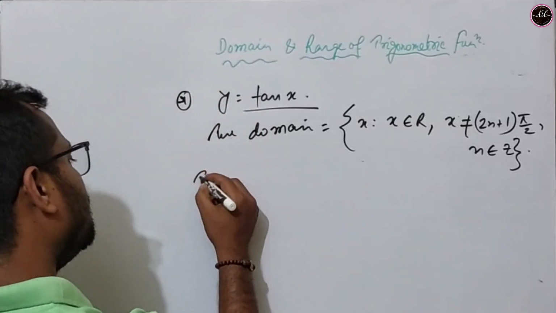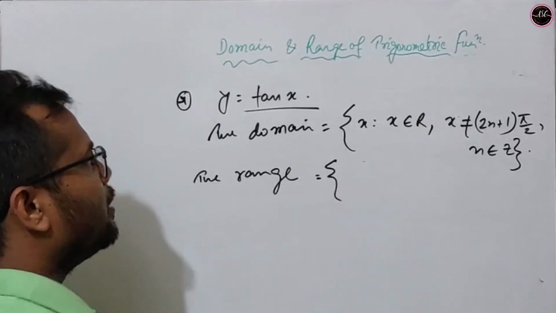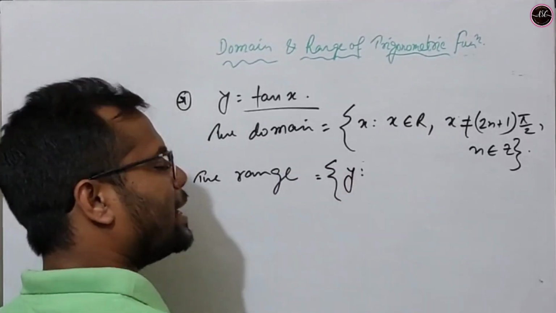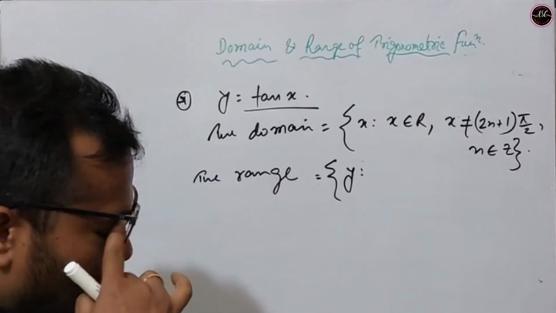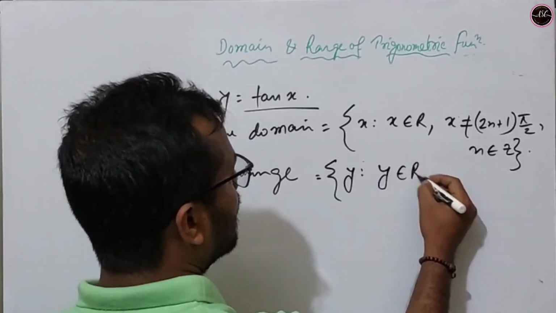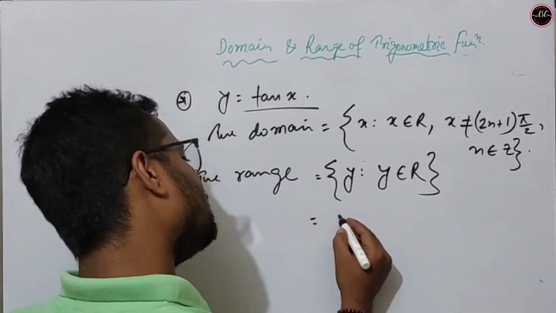So the range equal to, here what will be the range? We have seen that y belongs to R. So this is the set of all real numbers.